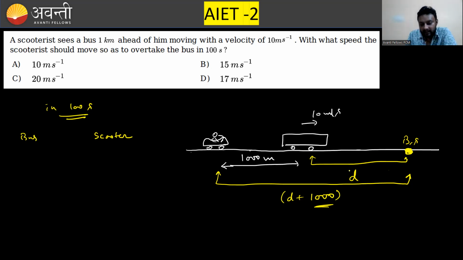So now, what I am saying is that the difference between the distances traveled by these two is 1000 meter. One has traveled D, the other has traveled D plus 1000. So if you subtract the distances, it will be 1000 meter.